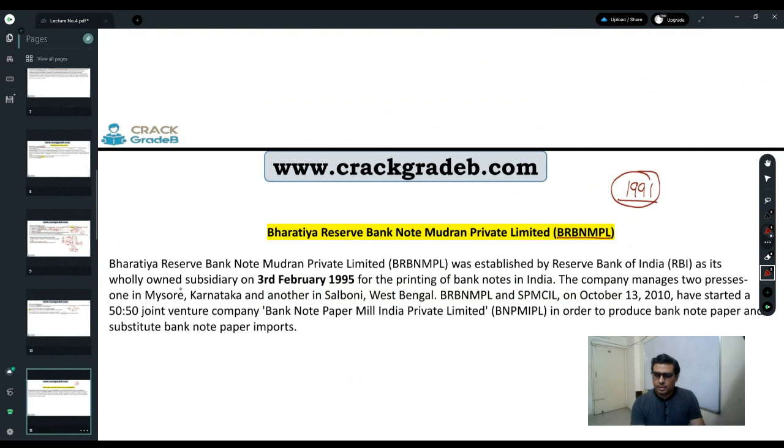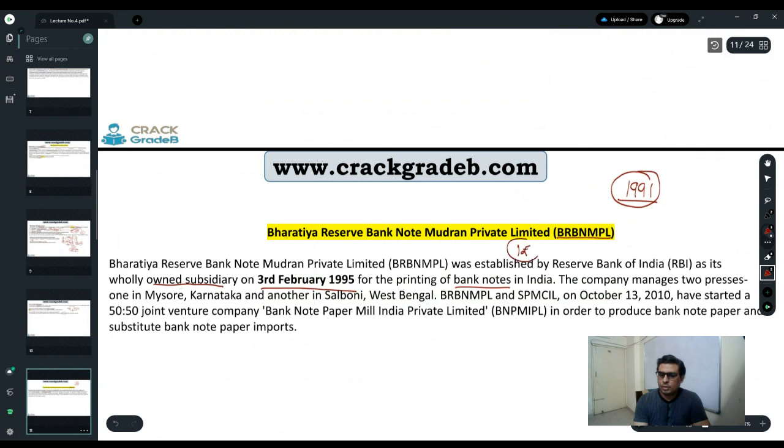So this company was completely owned by the Reserve Bank of India, right? And here some details are available, so just reading for your reference. Bharatiya Reserve Bank Note Mudran Private Limited was established by the Reserve Bank of India as its wholly owned subsidiary on 3rd of February 1995 for the printing of banknotes.